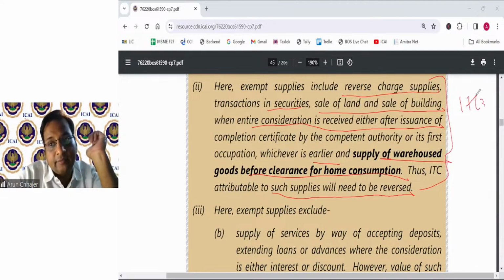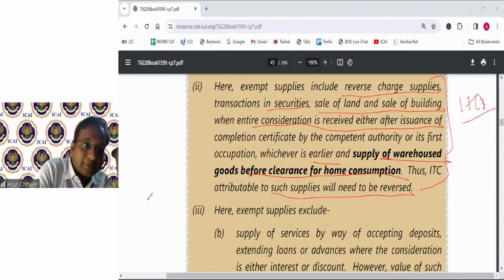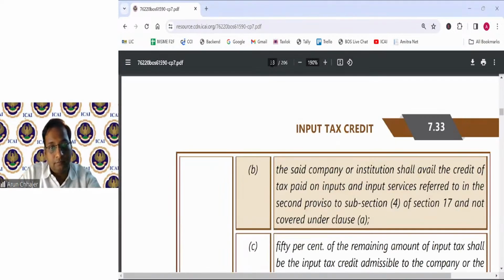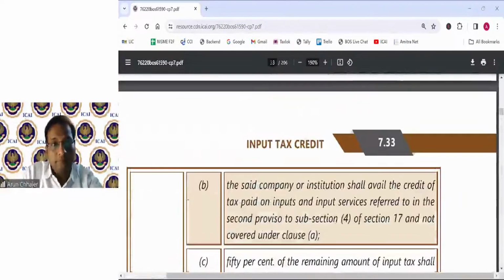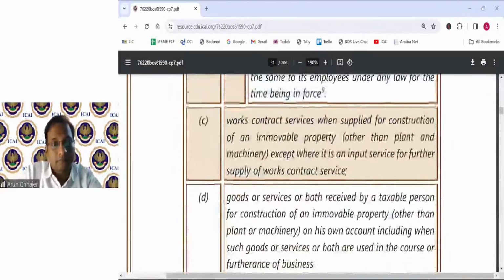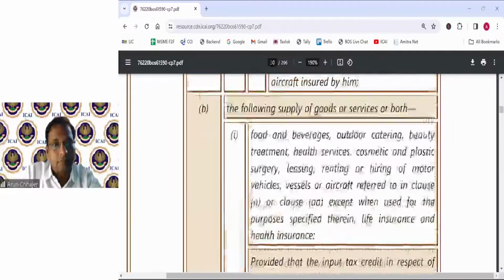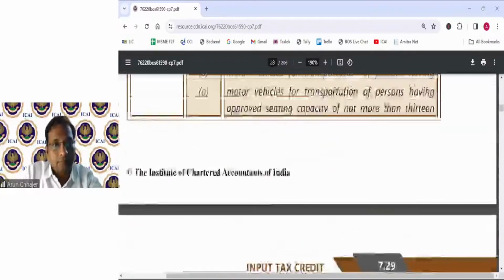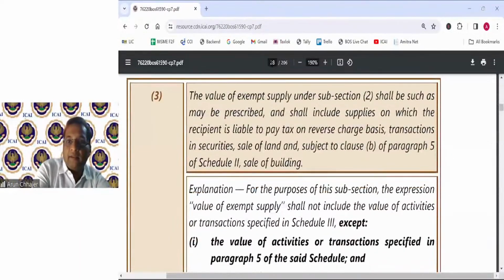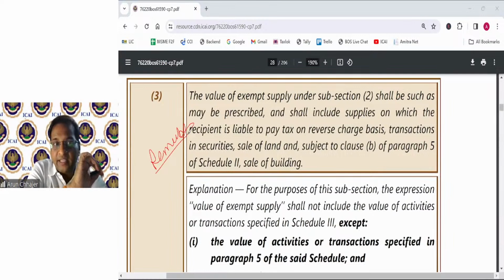Section 17 subsection 3. Shall I go back to 17 subsection 3? Let me go back. What is the value of the exempt supply? Remember fully all the components of this 17(3).